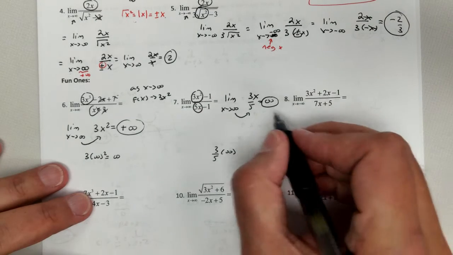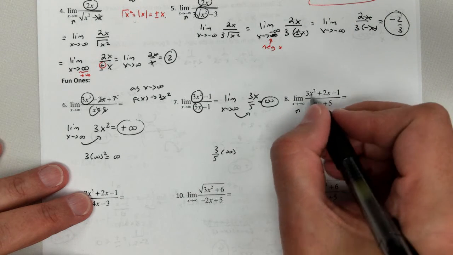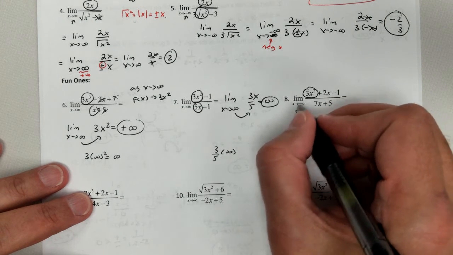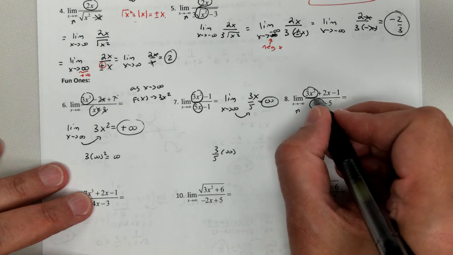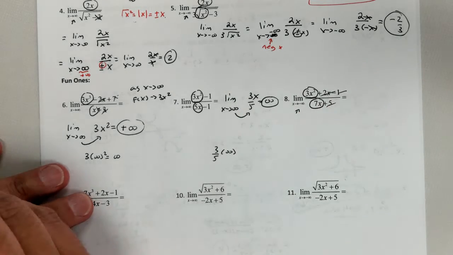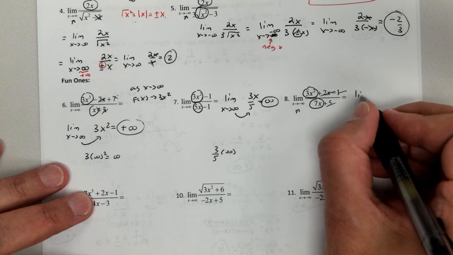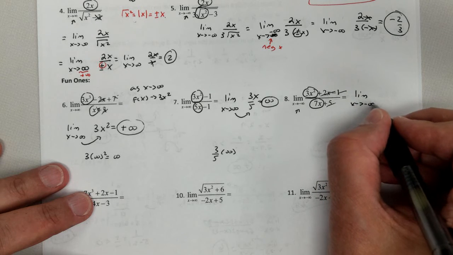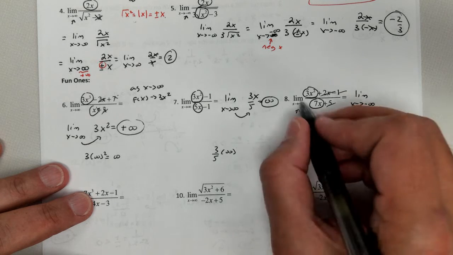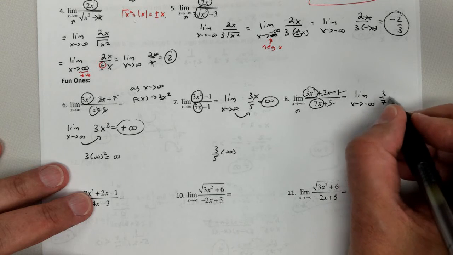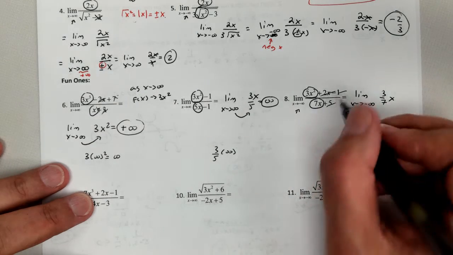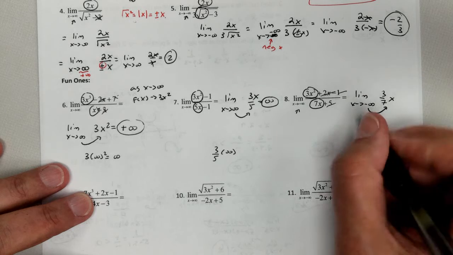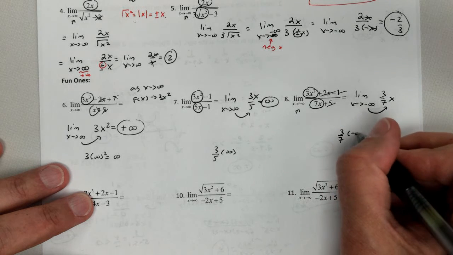So let's take a look this time now. We're going to go to negative infinity. Because I'm going to infinity, all I care about is what matters the most. Everything else can just go away. So we get the limit as x goes to negative infinity. And if I simplify it, we get 3/7 x. Plug in the negative infinity, we get 3/7 times negative infinity.